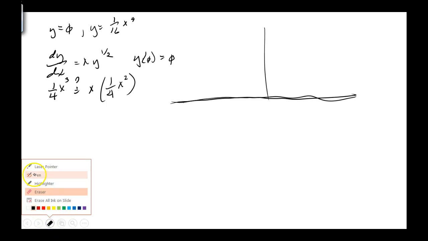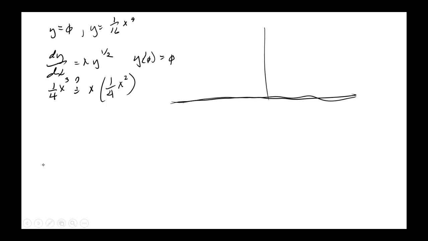The second solution, y is equal to 1/16 x to the 4th, would be a function that comes down, flattens out around 0, and then goes up pretty sharply. That's not very uniform, symmetric, but if you look in your book, you'll see it is. So both of those do satisfy the differential equation and meet the initial condition.